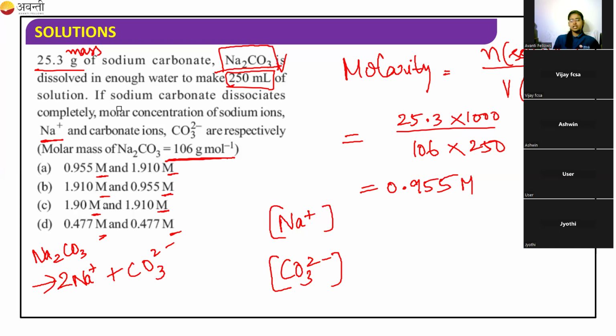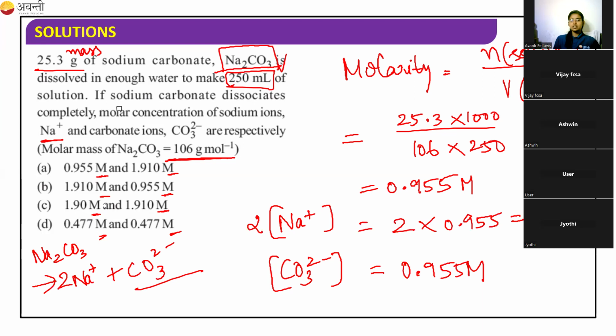It will be dissociated into 2 Na+ and 1 CO3 2-. Then only the charge will get balanced. So we have 2 Na+, so it will be 2 into the concentration of this. So it is 2 into 0.955, which will be equal to 1.910 molar. And we have only 1 CO3 2-, so it is nothing but 0.955 molar.